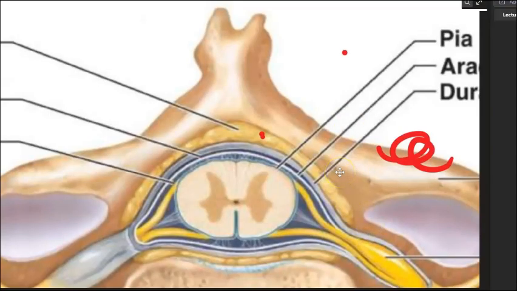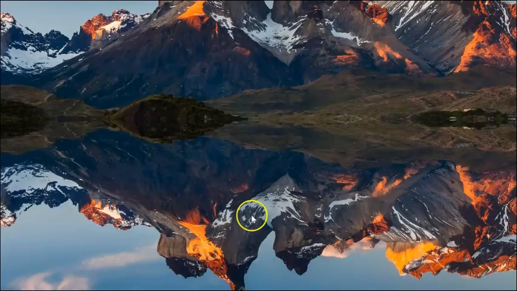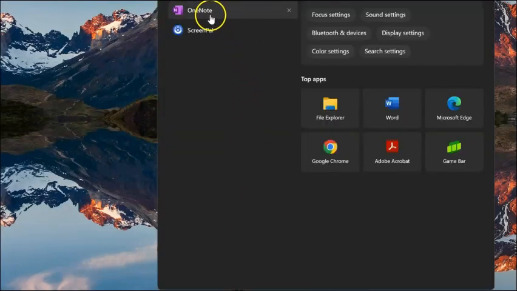Just spent like 5 minutes on bullshit. Okay. What I need to do is close OneNote and open it again, because it usually helps.